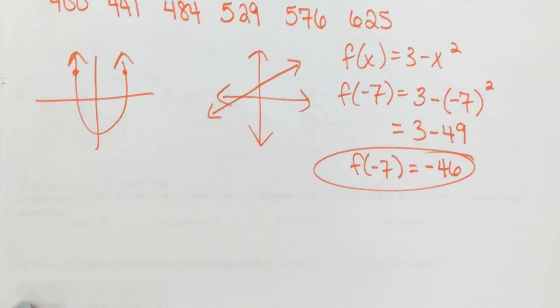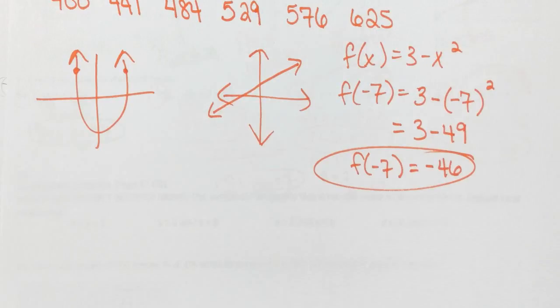Feeling pretty confident so far? What if I asked you as a definition, what were the x values? The domain. What if I asked you what the y values were? The range. What if I asked you what a set of ordered pairs was?